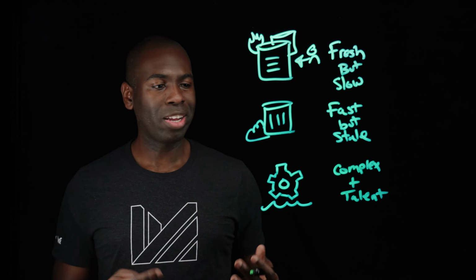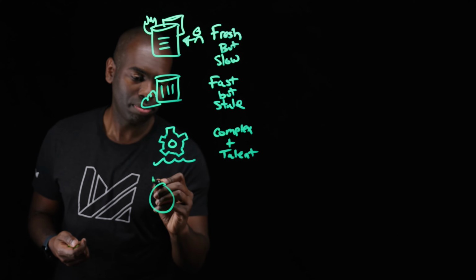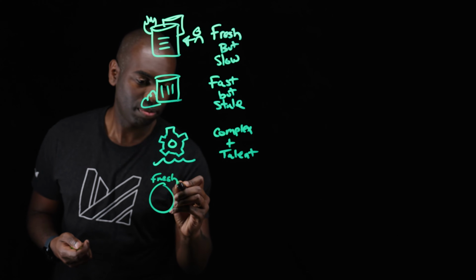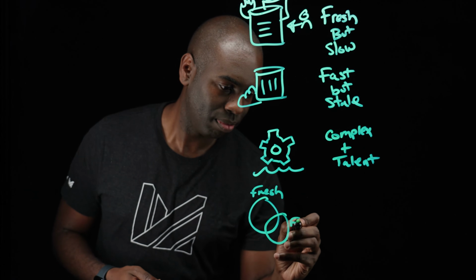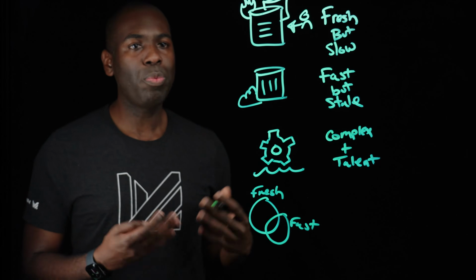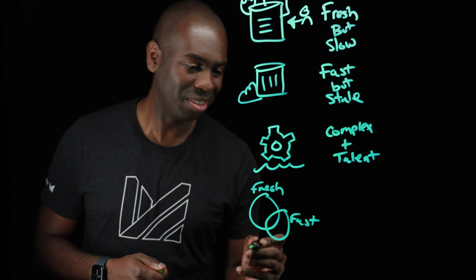So if you take a step back, what do we really want here? Well, we want fresh data with complex queries that are fast. And we want this without shortcuts that compromise correctness or consistency.